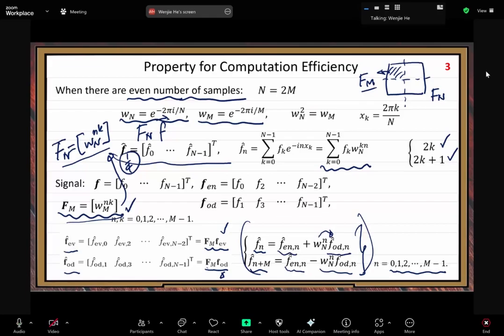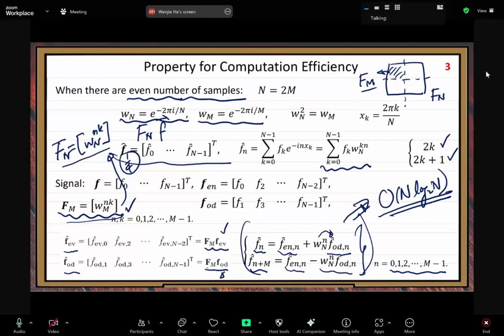Second, after we see they are the same, we also need to know why they are faster: why this way uses capital N log base 2 of N multiplications. If we answer these two questions, then we complete our understanding of the fast Fourier transform.